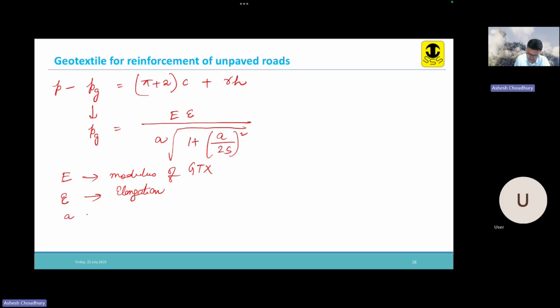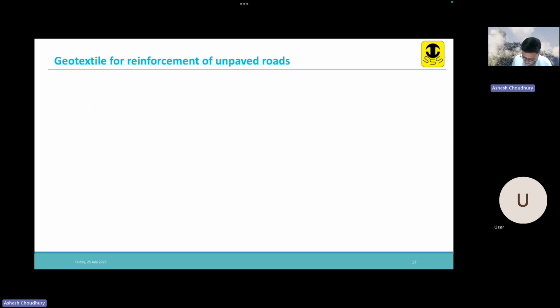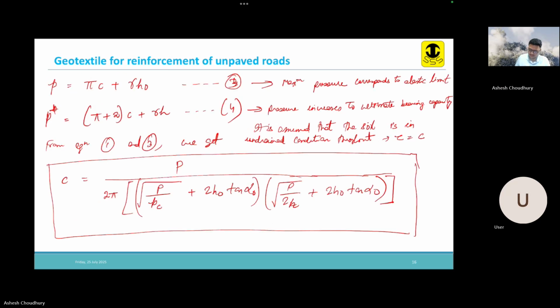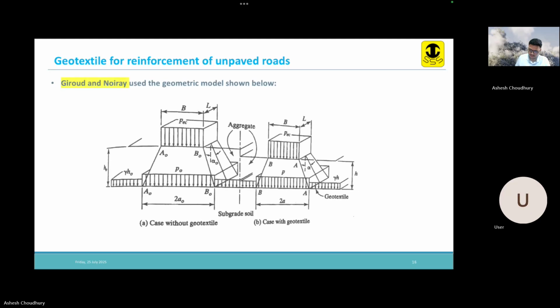Epsilon, then A is a geometric property and S is settlement. Now what is A? If you go to this picture, you will see what A is. A is this. Okay.